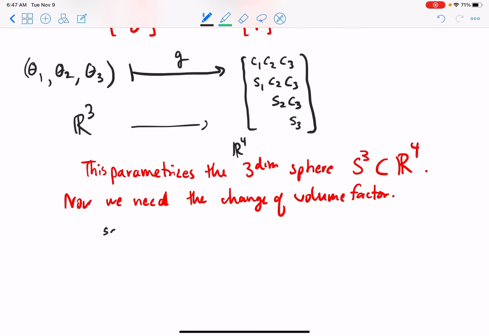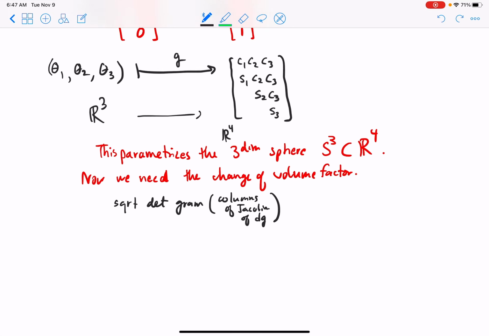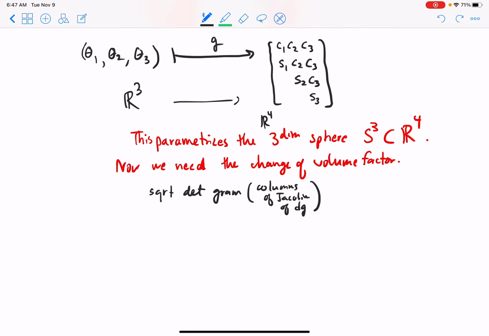Remember, that's the square root of the determinant of the gram matrix of the columns of the Jacobian, of the derivative of this parametrization map.